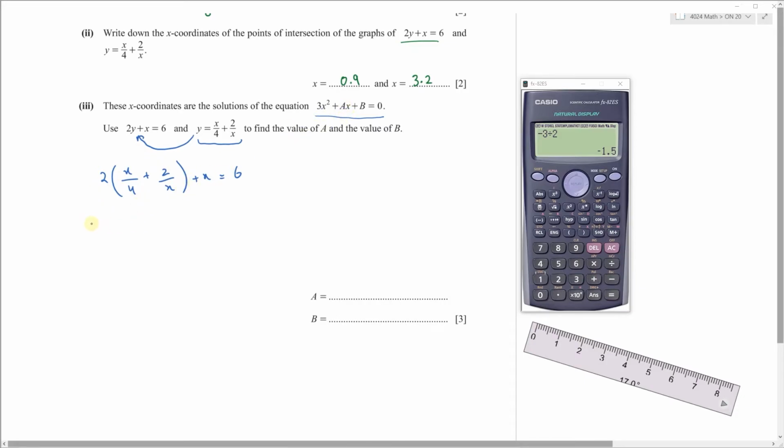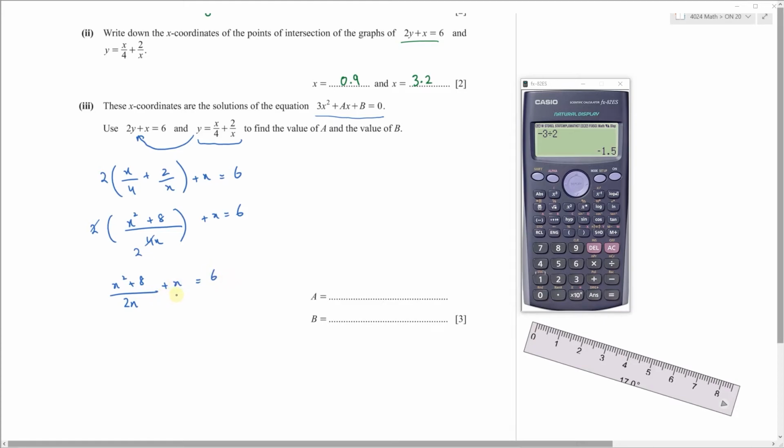So let's take the LCM here. LCM will be 4x. This 4 was multiplied by x. This x will be multiplied by x. I will get x squared. This x was multiplied by 4, so this 2 will be multiplied by 4 as well. So I will get 8, plus x equals 6. And then I can cancel this 2 with this 4. So I will get (x squared plus 8) over 2x plus x equals 6.